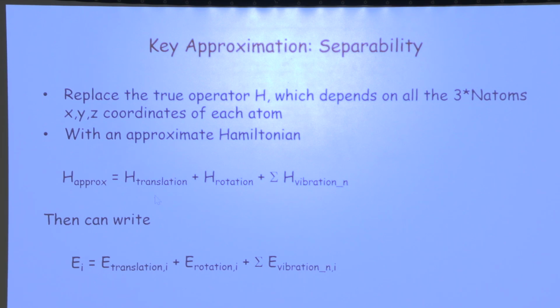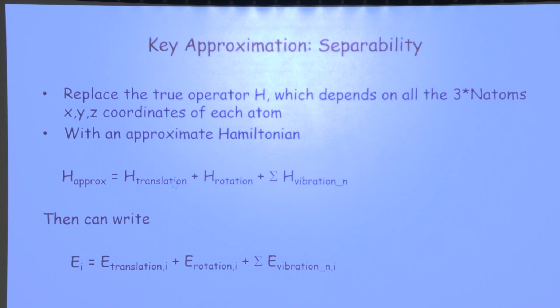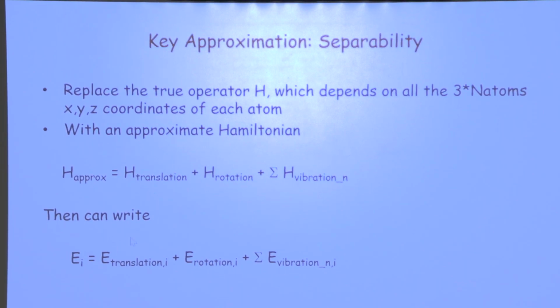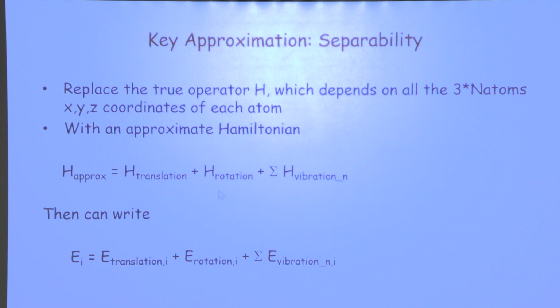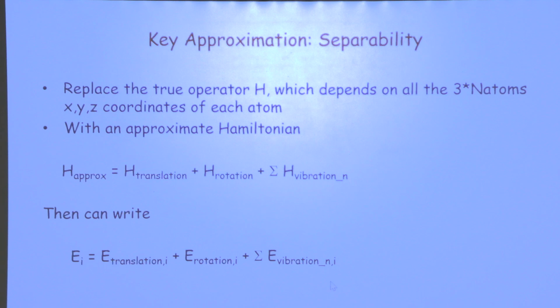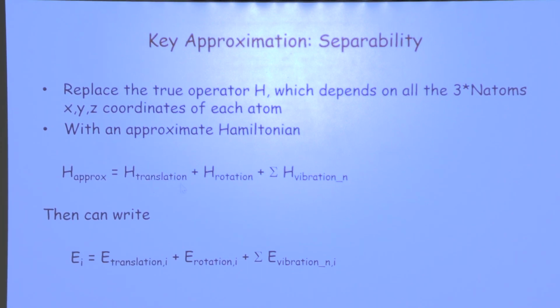And if you have an H that can be written this way, it turns out that each of these has its own energy eigenvalues. So the Hamiltonian, the operator for translation, has certain energies that correspond to it. The Hamiltonian for the rotation has certain energies, and the Hamiltonian for each vibration has its energies. And so this is how to simplify the problem.